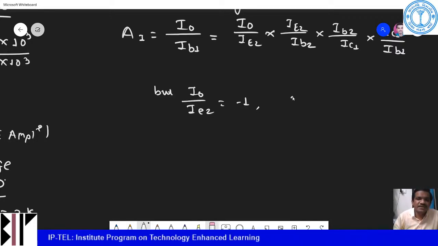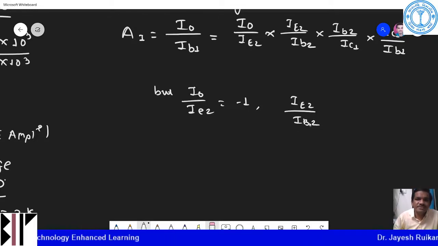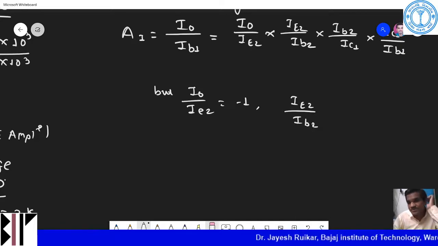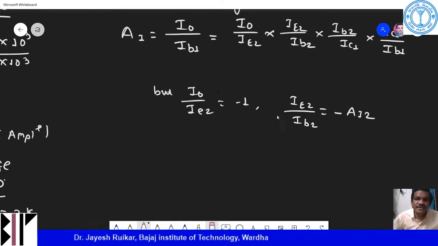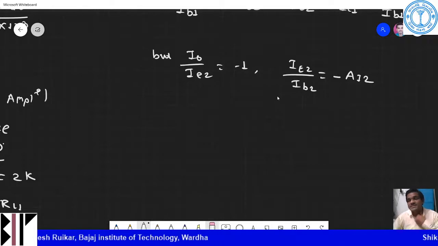You can see that IO divided by IE2 is nothing but -1, and IE2 divided by IB2 is nothing but minus of AI2, that is the current gain of my second stage.